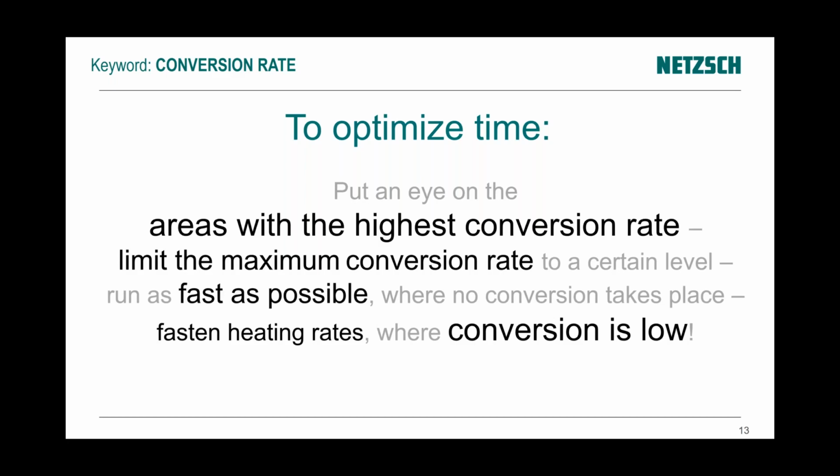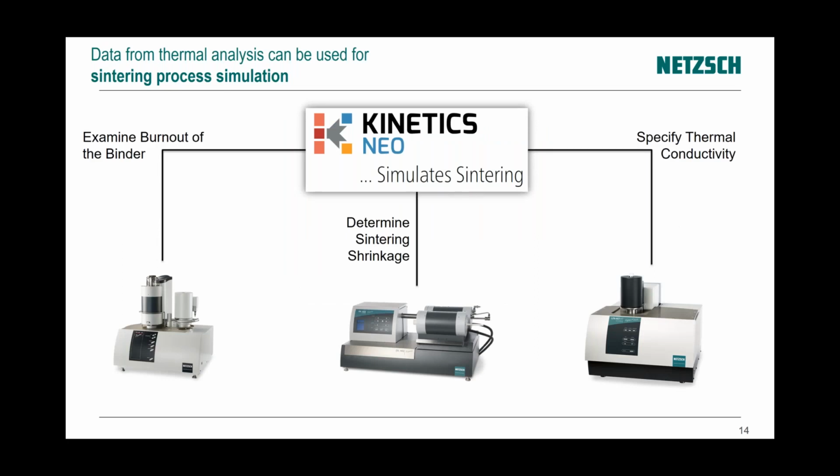The way we get to know where the highest or lowest conversion takes place is through the methods for thermal analysis that we have available in our portfolio. On the left-hand side, you see an STA. This is a combination of a thermal balance and a differential scanning calorimeter. It gives you information about weight loss during the burnout of the binder.